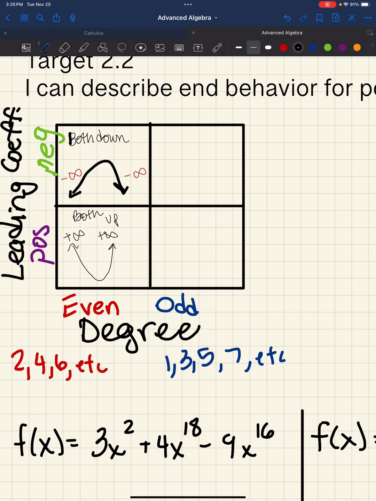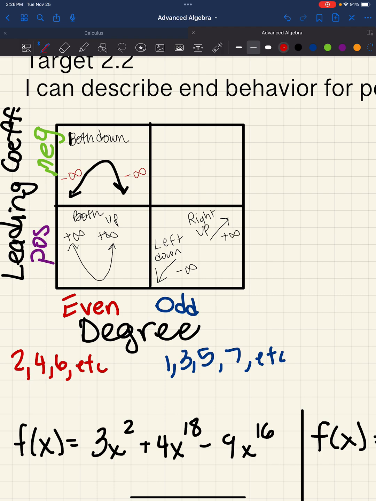Lastly, we have our odd category. Odd, I like to think of as opposite. So if I'm odd positive, then I look something like my arms are wacky, waving and pointing in this very specific direction. The left is down, or negative infinity, and the right is up, or positive infinity.